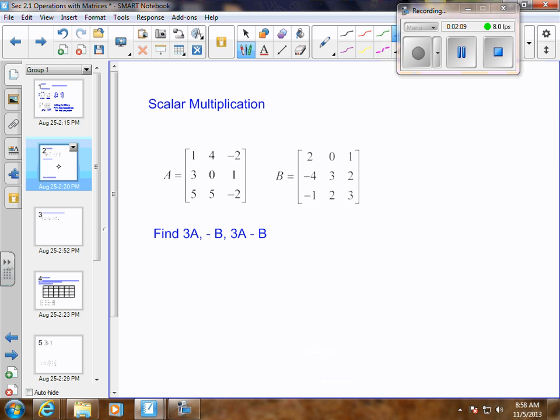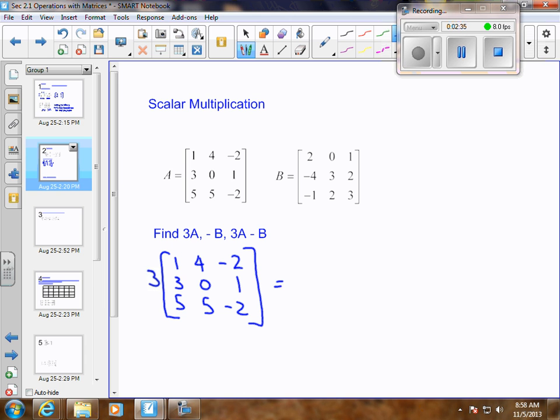Scalar multiplication allows us to multiply a particular matrix by some scalar, some number. It's kind of like using the distributive property. So for example, given matrix A, to find 3 times A, we're simply multiplying each element in matrix A by the scalar 3.